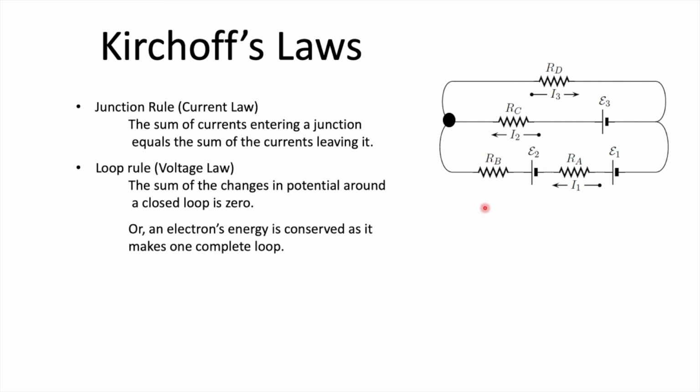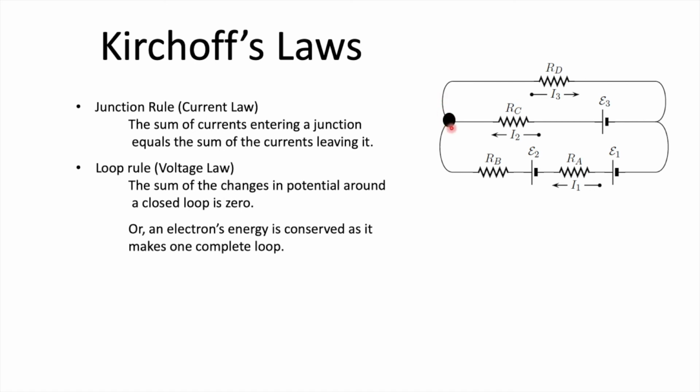And so the loop rule states that the sum of changes in the potential around any closed loop is equal to 0. So there are three loops here. You can take any, the top, bottom, or the outer one. What that means is we'll take a test charge, like for example my pointer here.